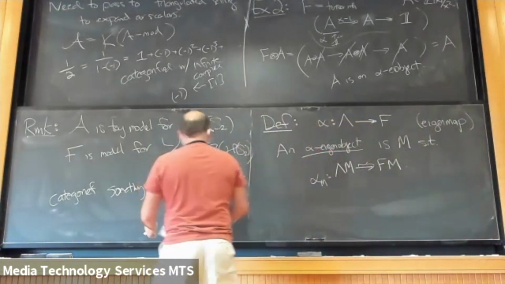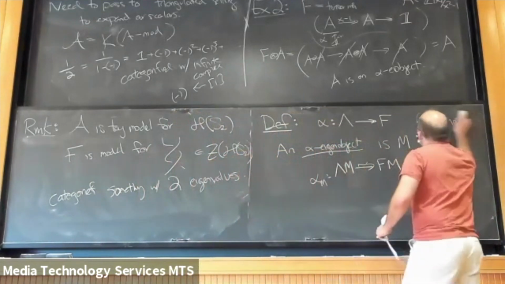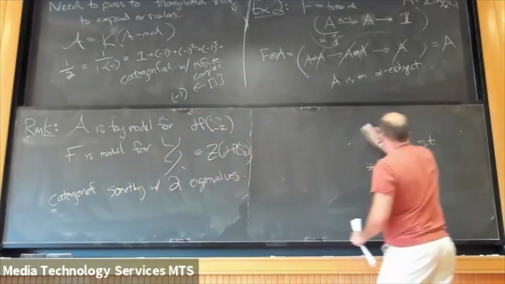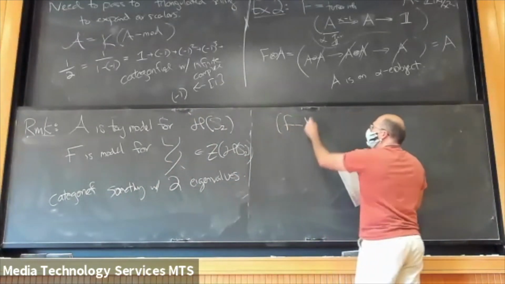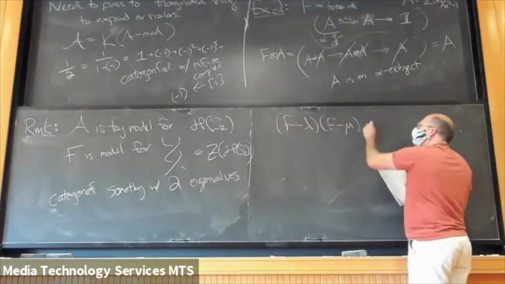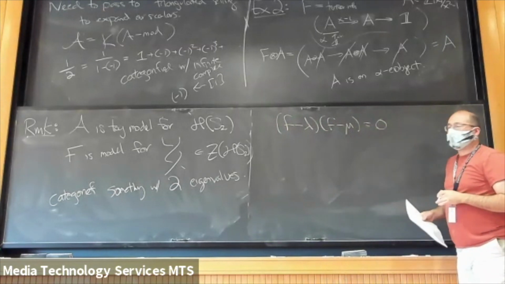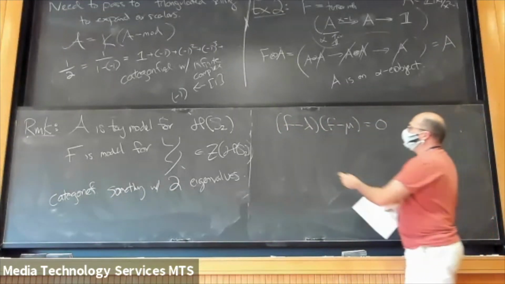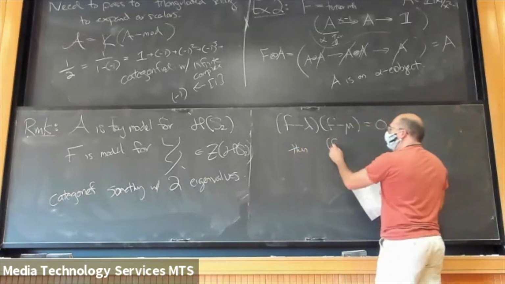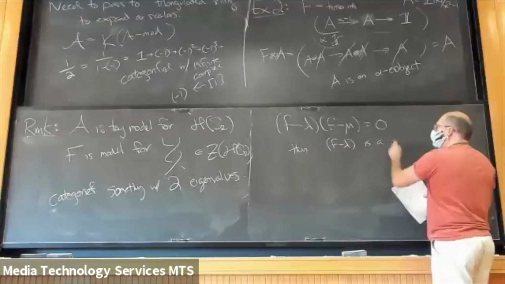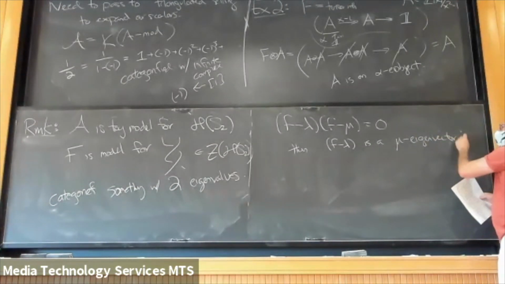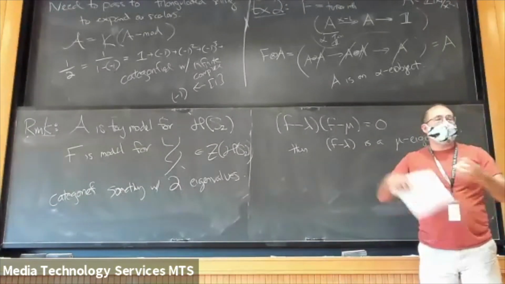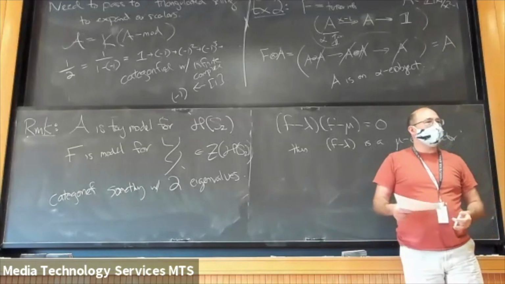Well, if you have an operator F that has 2 eigenvalues, then F minus lambda is a mu eigenvector in the algebra itself, in the algebra of endomorphisms.